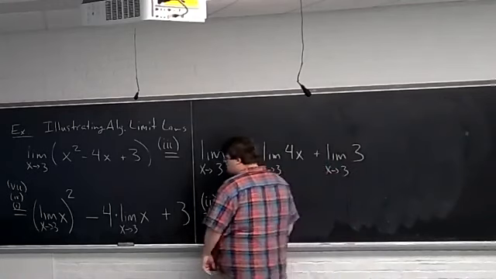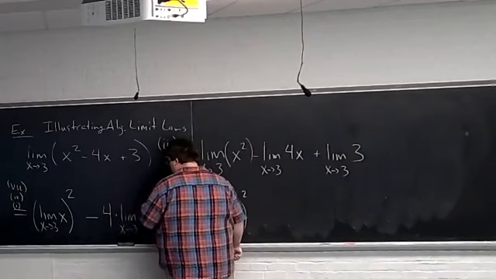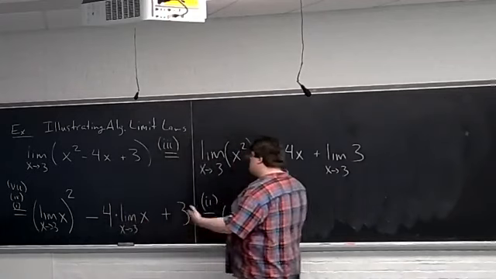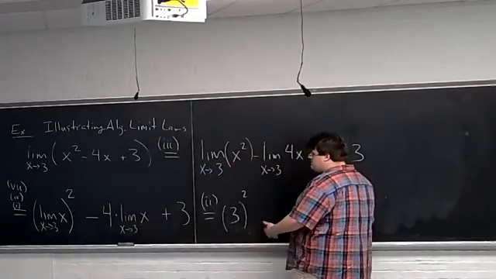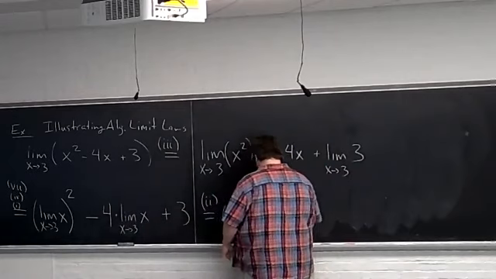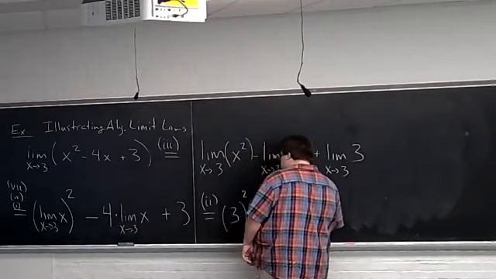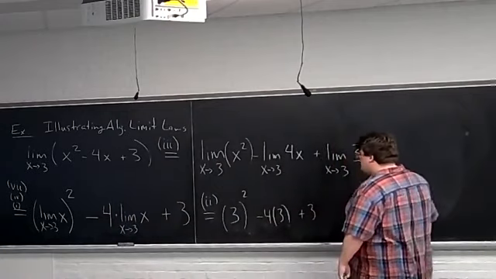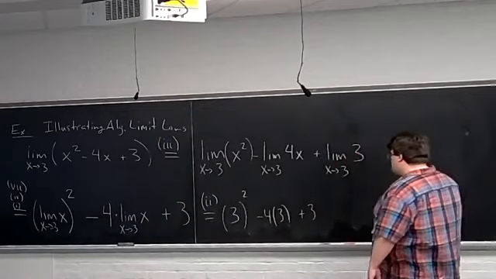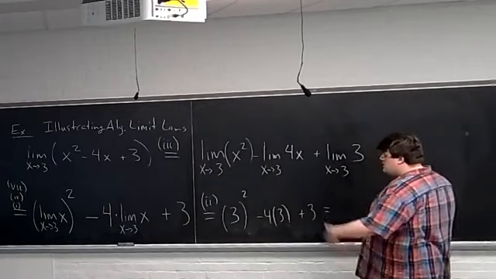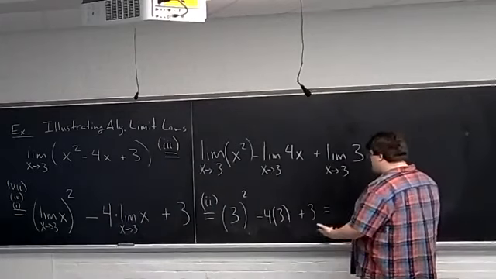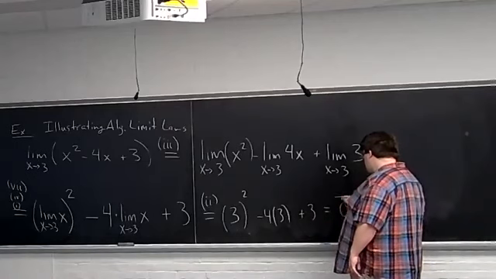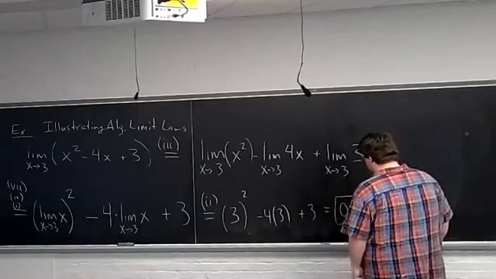The next one, we have that 4 there, but let's not worry about that yet. Negative 4 times the limit as x approaches 3 of x, well, that's the same limit. That limit is 3 by rule 2. So we have negative 4 times 3, and that last thing is a 3, that we already took its limit. So we have these numbers to add, 9 minus 12 plus 3. So that limit is 0.